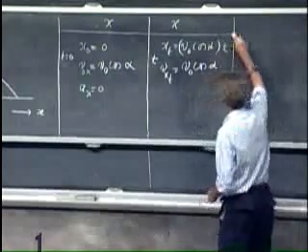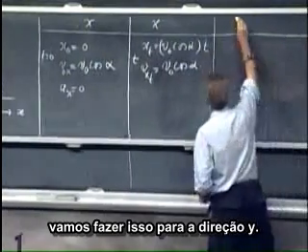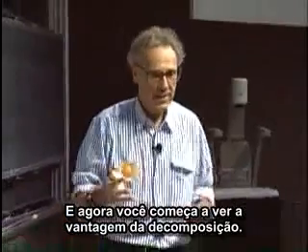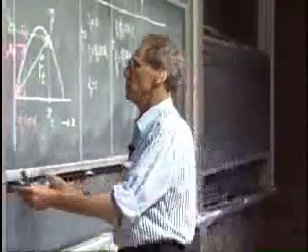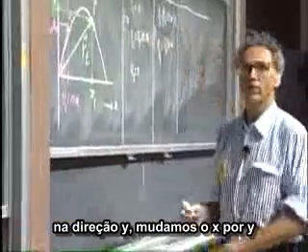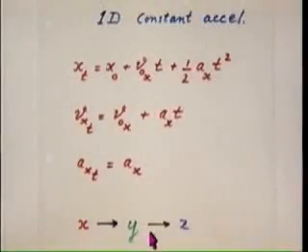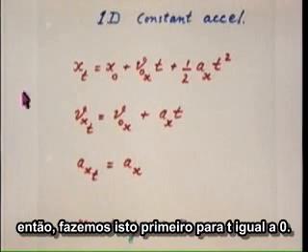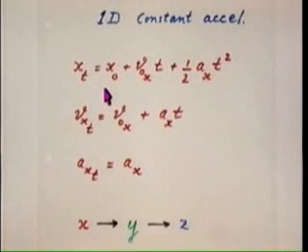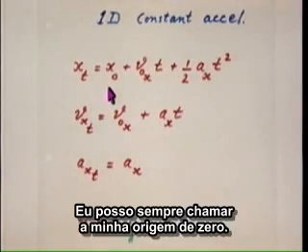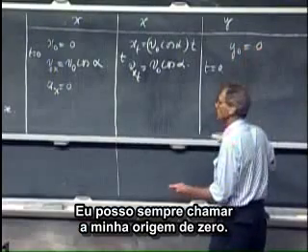Now, we're going to do this for the y direction. And now you begin to see the gain for the decomposition. In the y direction, we change the x by a y. And so we do it first at t equals 0. So look there. This becomes y0, I call that 0. I can always call my origin 0.